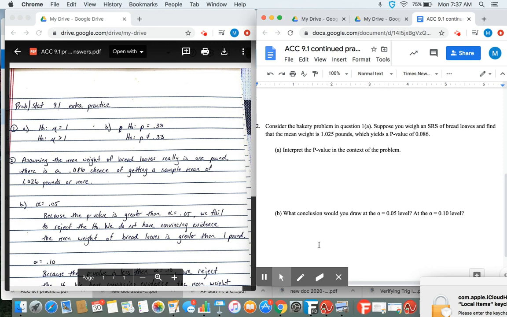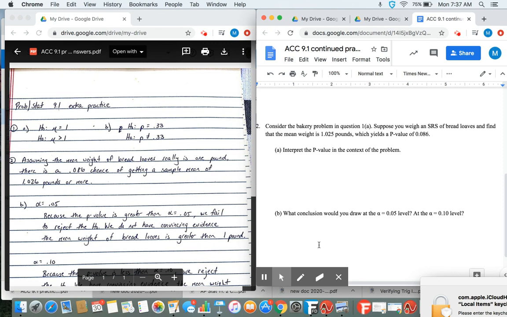All right, so assuming the mean weight of bread loaves really is 1 pound, there's a 0.086 chance of getting a sample mean like we did of 1.026 pounds or more. All right, so the p-value is the likelihood an event occurs, your sample occurs, given the H0 has occurred.